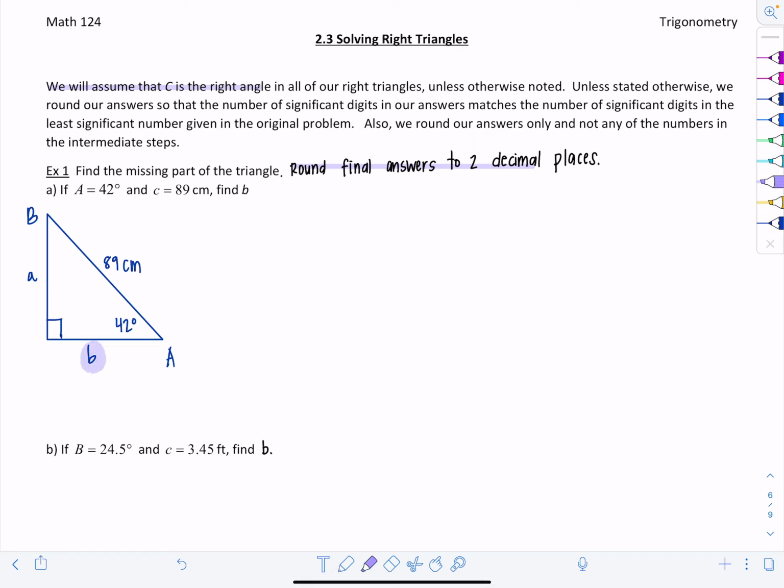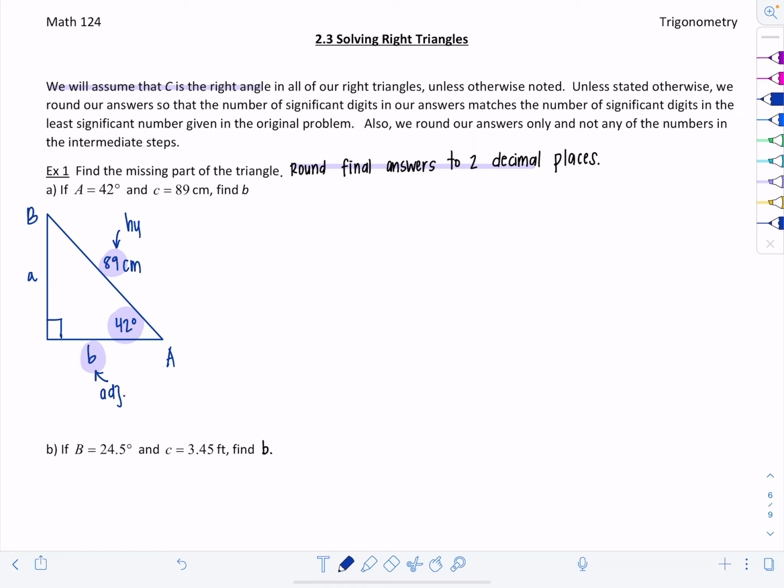So here we're going to look at, in reference to the angle that they gave us, 42 degrees, side B is the adjacent side. This is adjacent. And I have the hypotenuse.